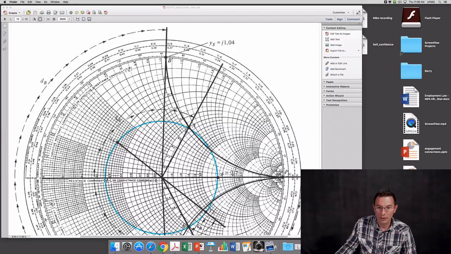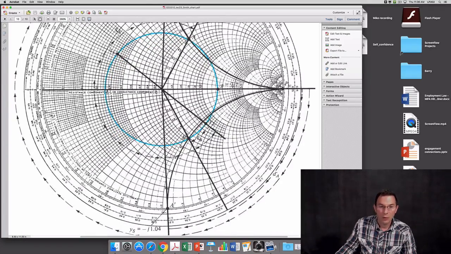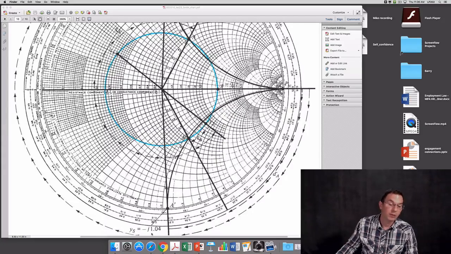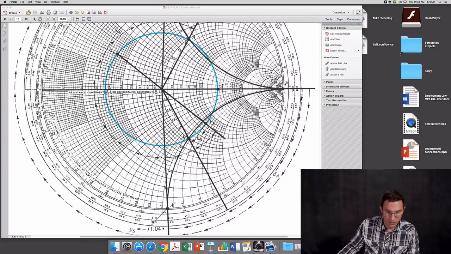Now let's go down and look at point B. The admittance circle passing through point B is right here. That is between, again, 1.0 and 1.1, and that one turns out to be minus J 1.04.